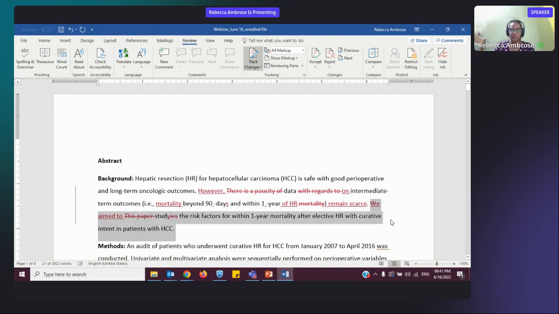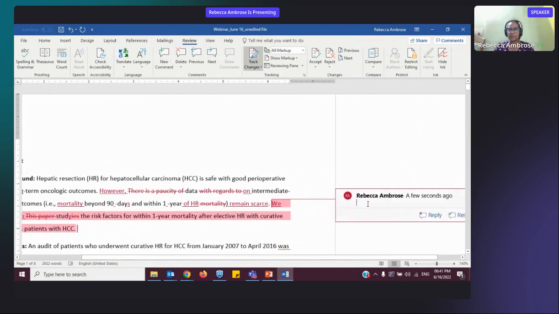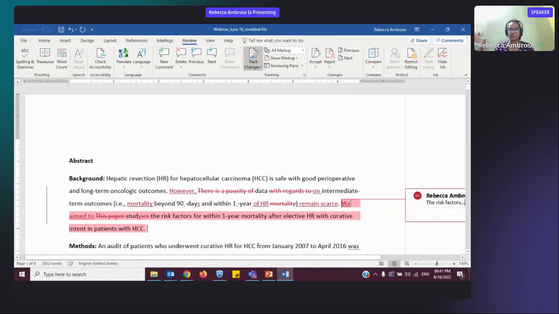Now, if you're not comfortable with using "we" at the start of a sentence, you can also change the sentence like this: the risk factors for mortality after elective HR with curative intent in patients with hepatocellular carcinoma were studied. That's another way to revise this sentence if you're not comfortable with using "we."